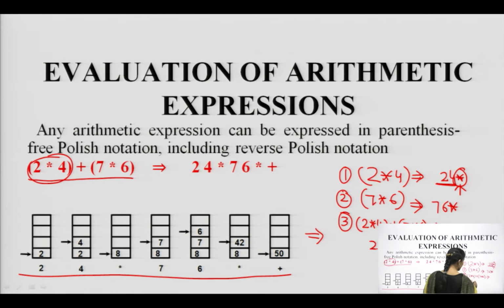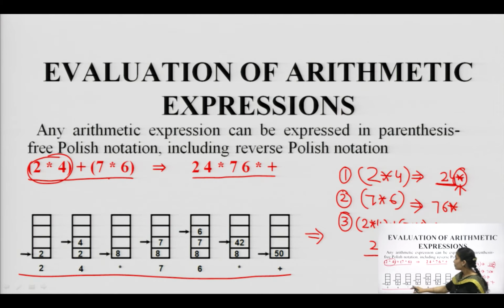That says this as one operand, now this as the second operand, and this operation will be performed in between them. So, this is my answer written, that is my arithmetic expression converted into RPN, that is reverse Polish notation.